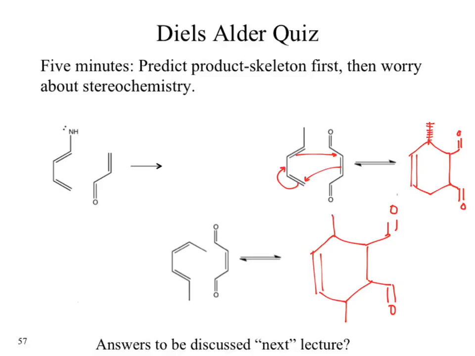Where my thumb is now aimed the other direction. What happens when we go through to make that bond? Now where's my thumb rotate? It rotates up. Okay? So we get a slightly different orientation or a different product by changing the orientation of the dienophile.